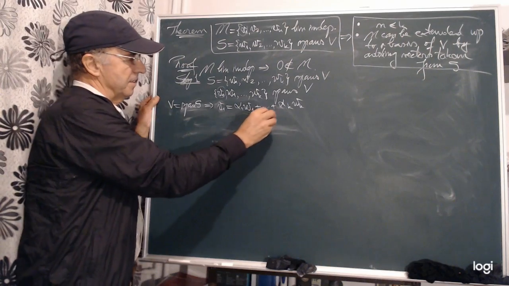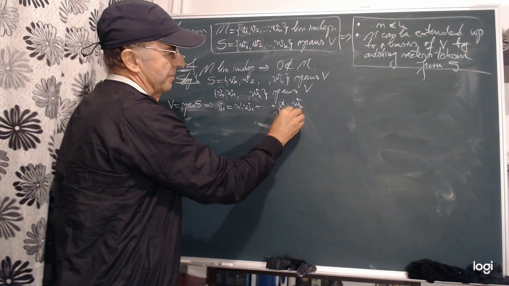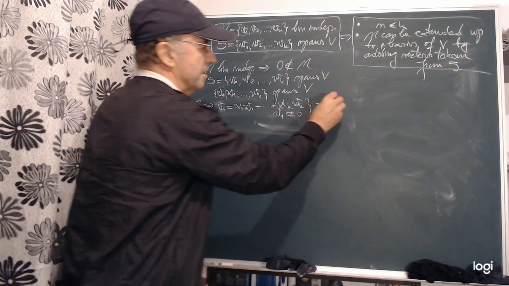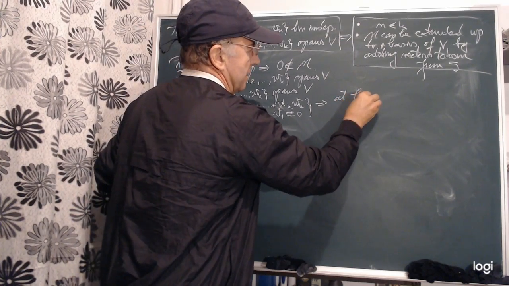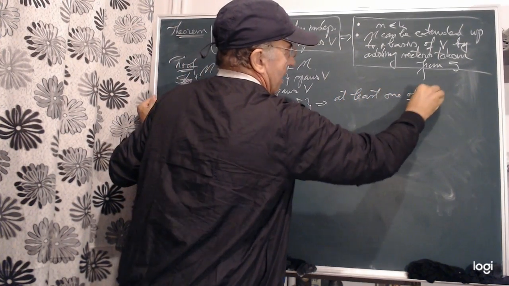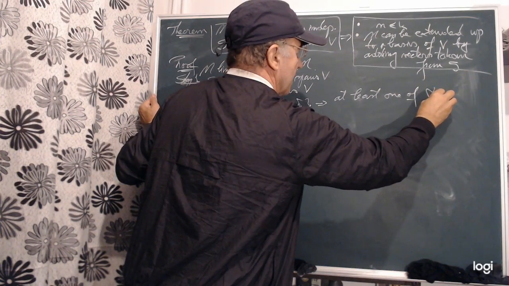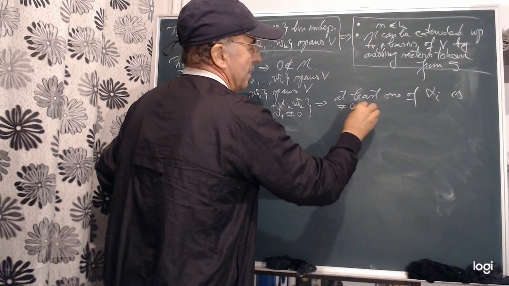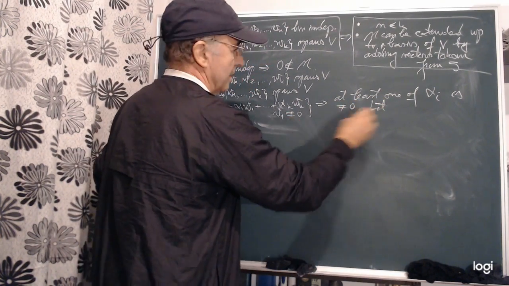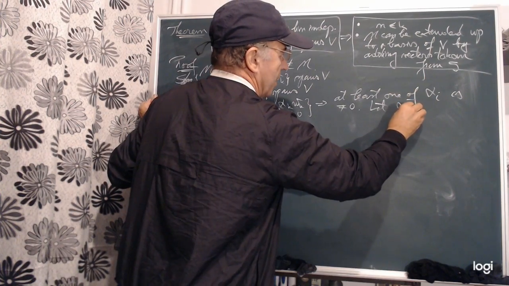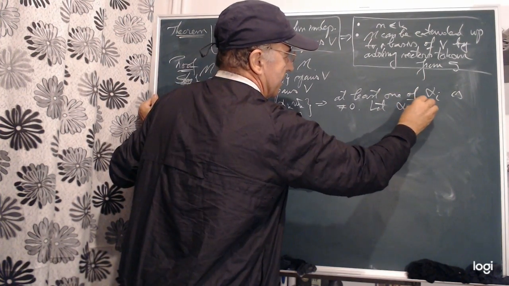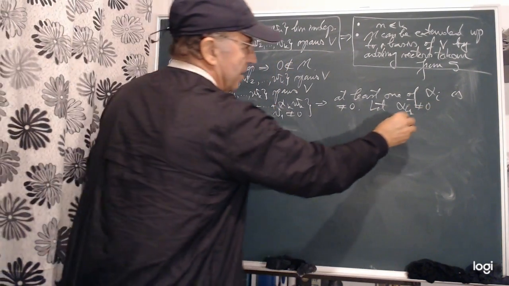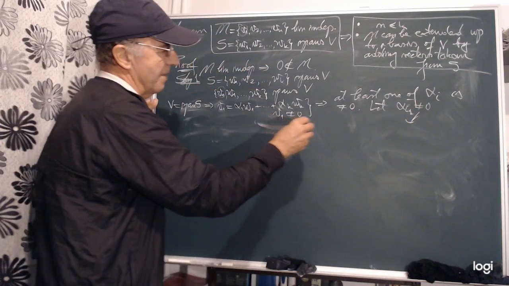But since v1 is different from 0, from this it follows that at least one of the alpha i is different from 0. Let us consider that alpha i1 is different from 0.